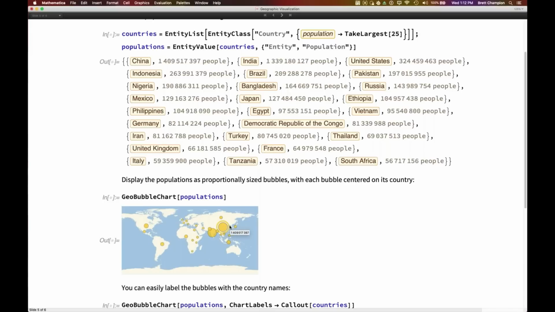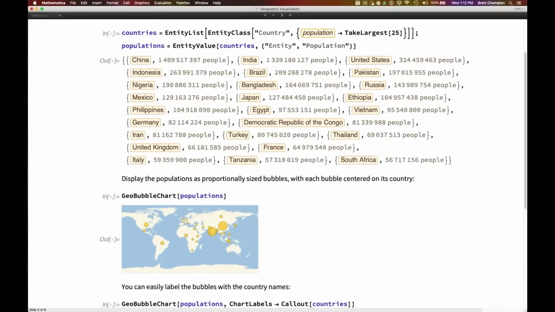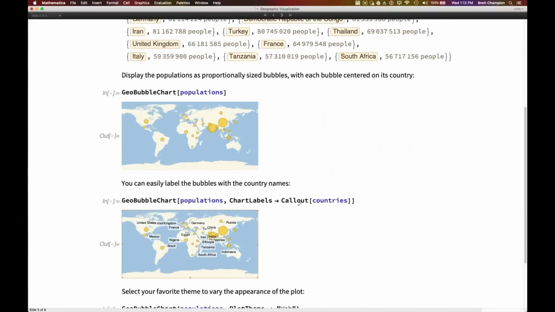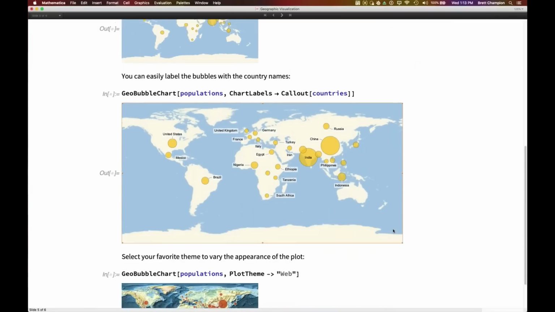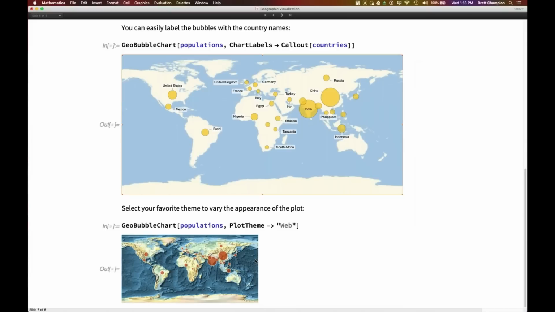We have a bubble centered in China and centered on India, the center of the US, etc. This builds on the existing bubble chart that we've had since version 7, so it can make use of all of the functionality of the charting functions. We can add labels, and we can use themes to greatly change what the appearance looks like, for example using a relief map for the background instead of a more political type map.